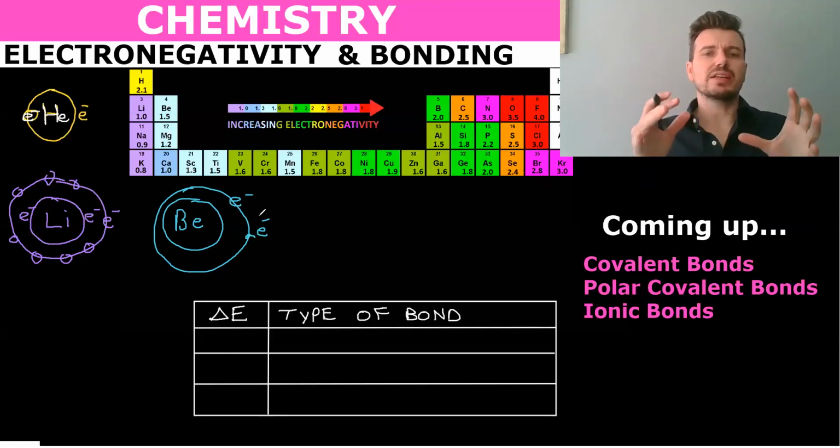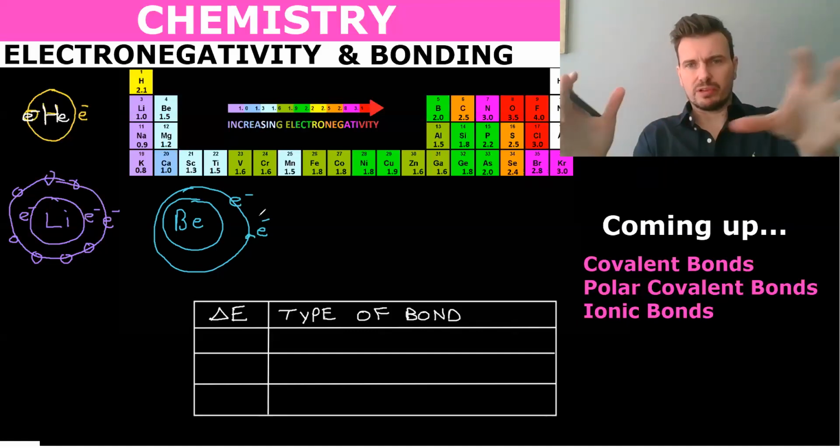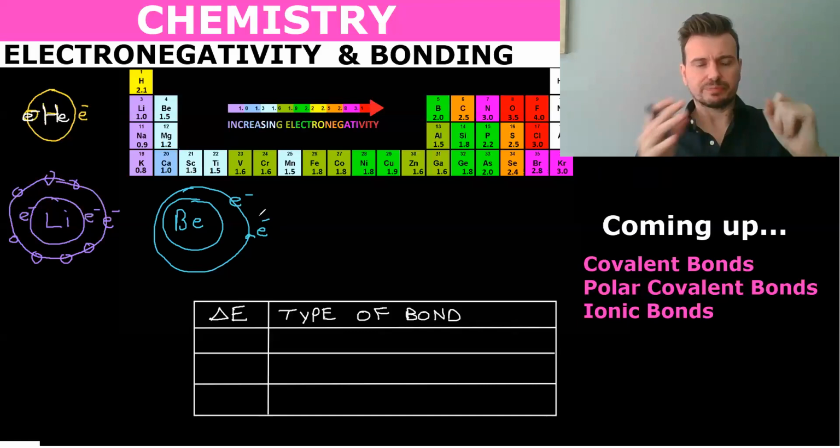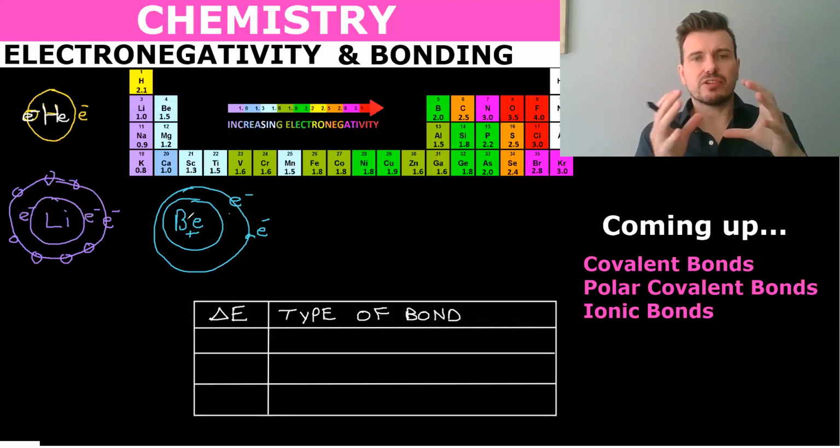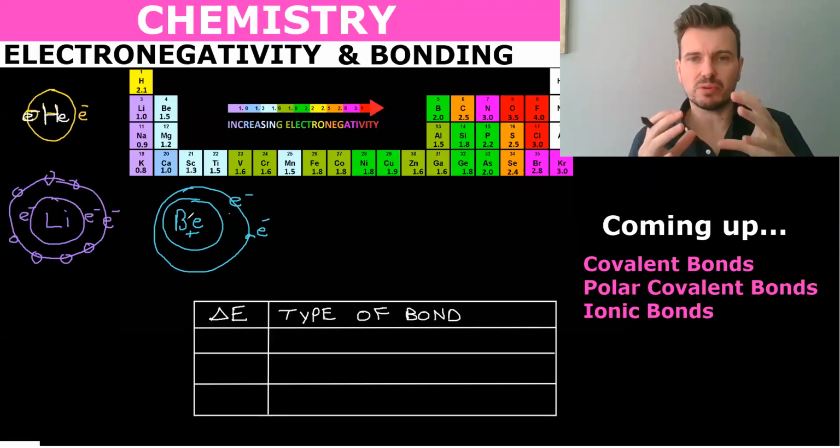So when we look at radius, the radius as we go across the row also decreases. And because they're getting sucked into the positive nucleus inside, its electronegativity wants to hold on to its electrons even more so.